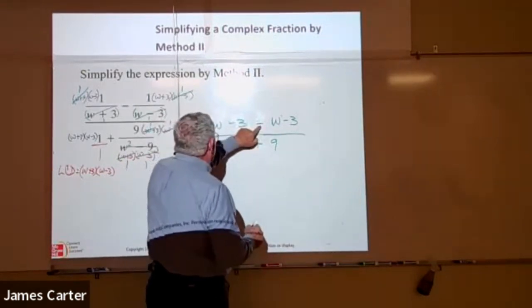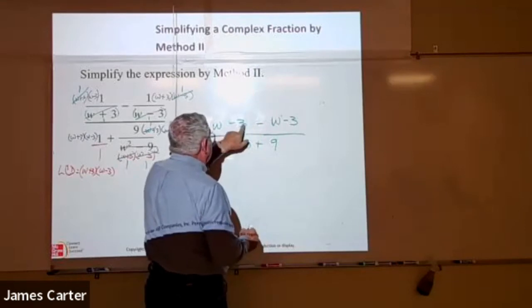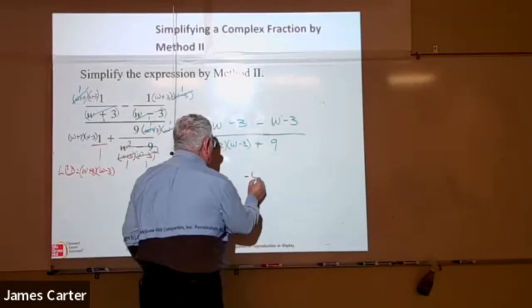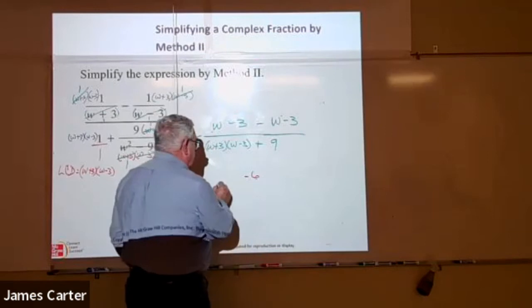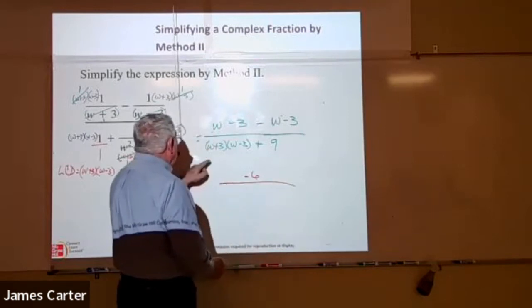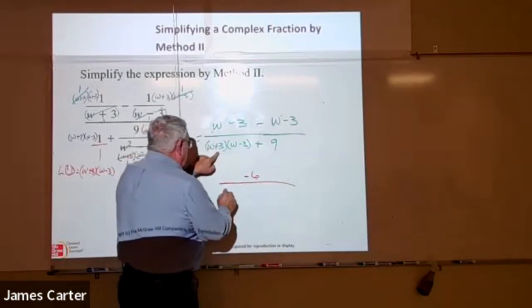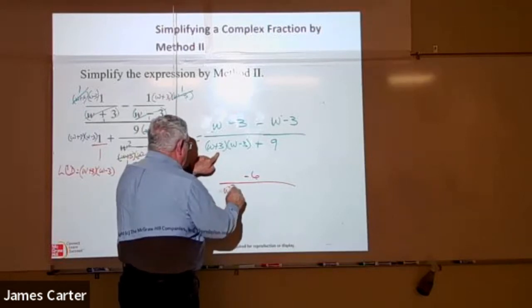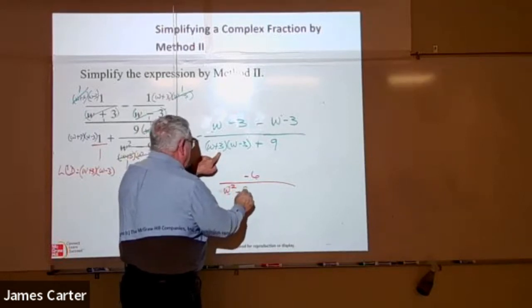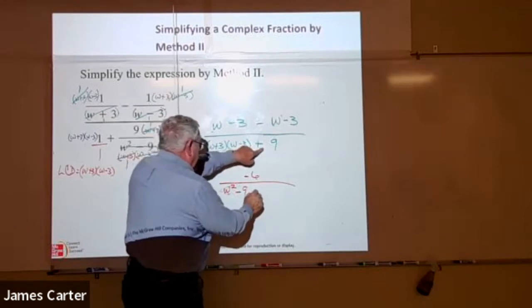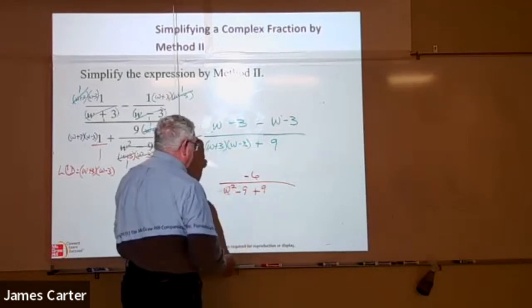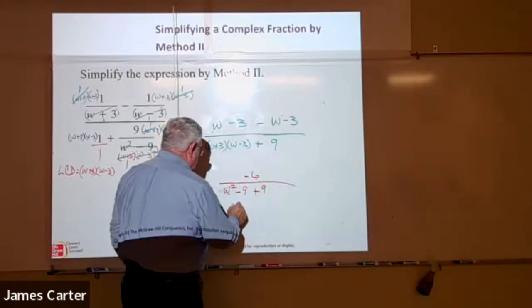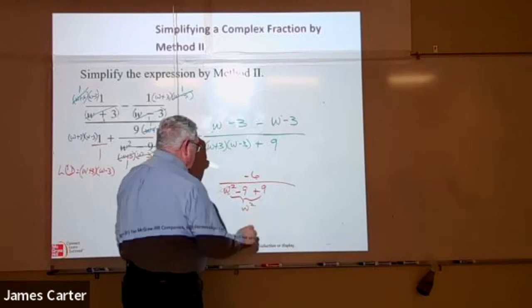W minus W wipes out. Minus 3, I end up with a minus 6 in the numerator. This gives me W squared minus 9 plus 9, which simplifies to simply W squared.